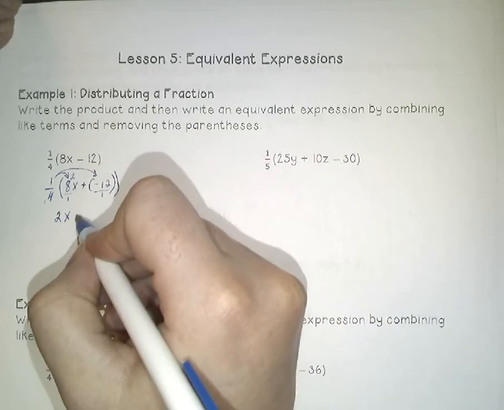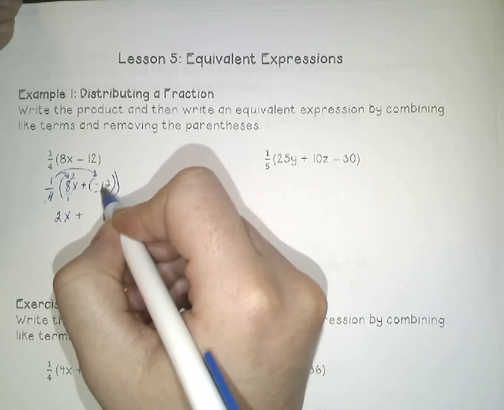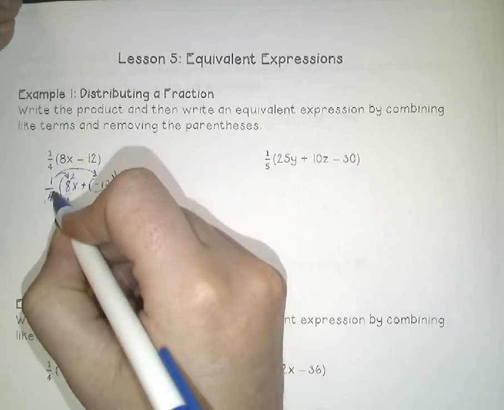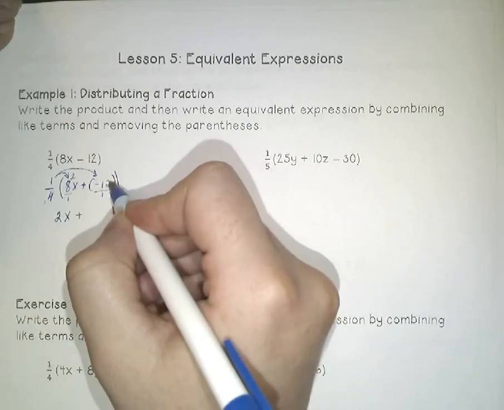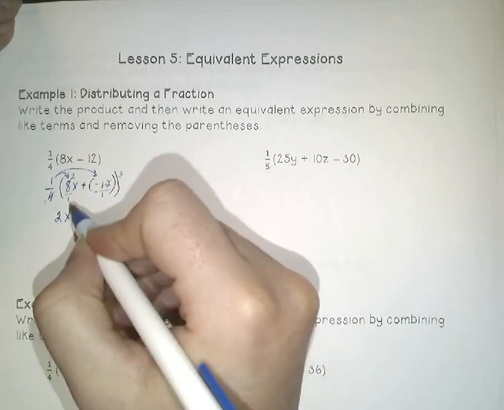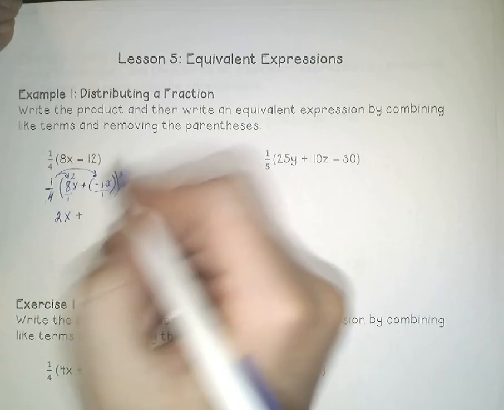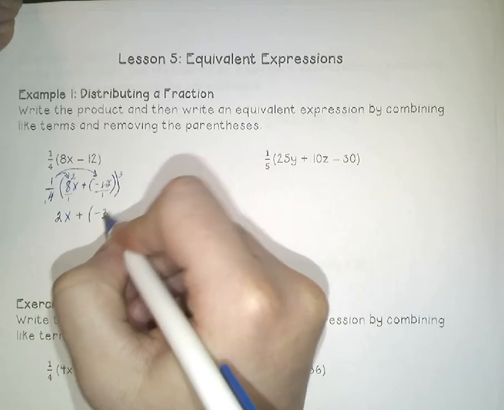When I multiply 1/4 by negative 12, I can simplify 12 and 4 by 4, and I will get negative 3 on top of 1, and 1 times negative 3 is negative 3.